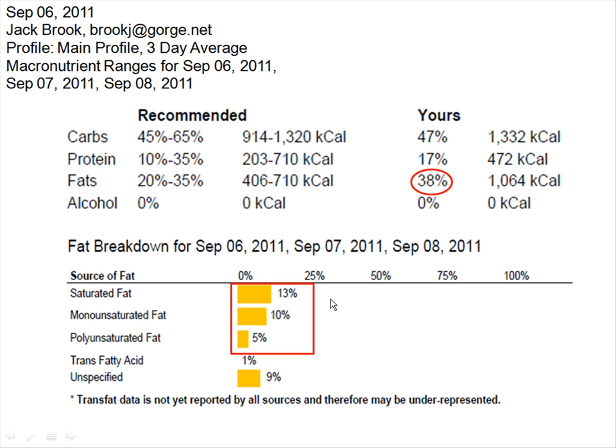Okay, and so I'm going to make adjustments in these first before I do anything with the total, because if I get them correct, then my total will be correct. You'll also see an unspecified down here. Just ignore that.